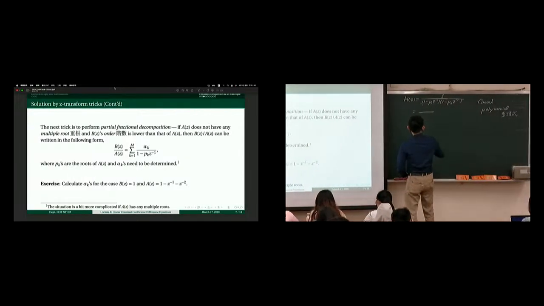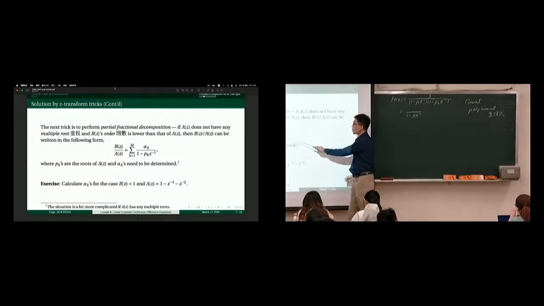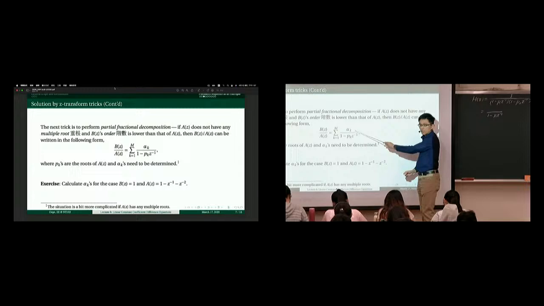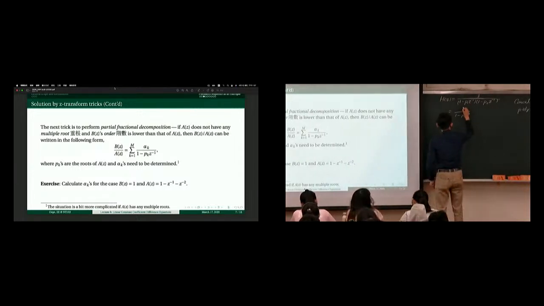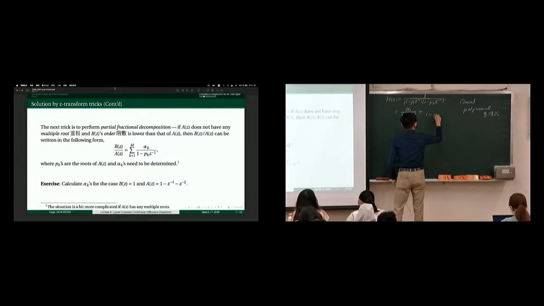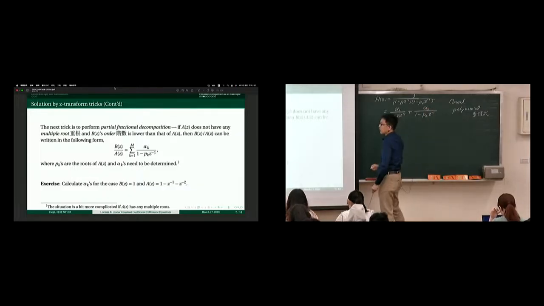So we need to turn it into 1 minus P1 z inverse, and the coefficient on top here is not known yet. So it's unknown, alpha 1, plus 1 minus P2 z inverse, and on top we have another unknown coefficient to be found out.